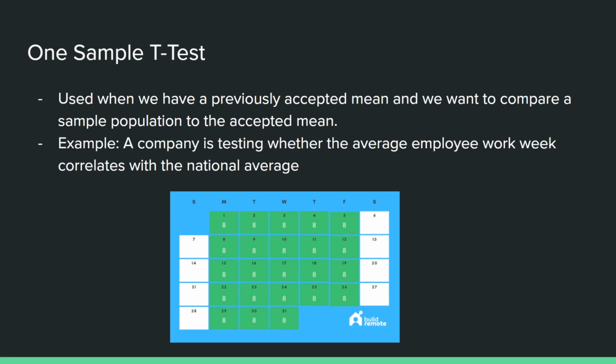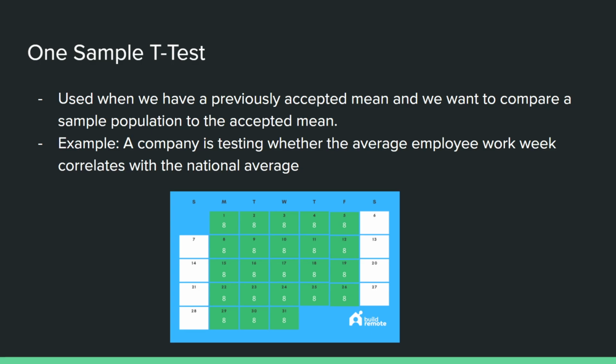Once tested, we can determine whether or not the p-value supports that the employees do or do not work the average work week. So let's say that the average comes out to be like 45 or something for the employees in this company.